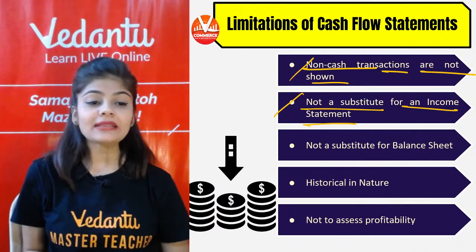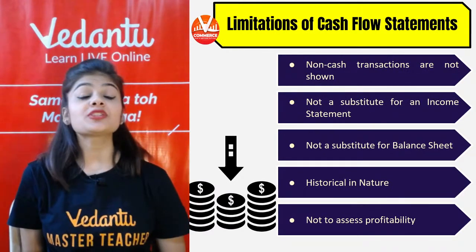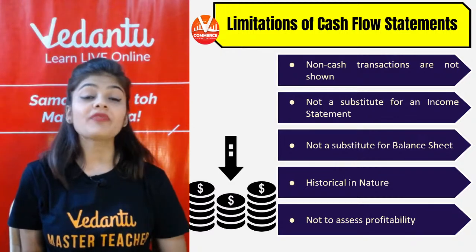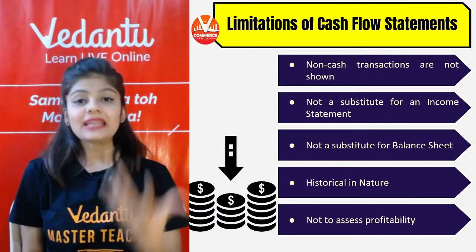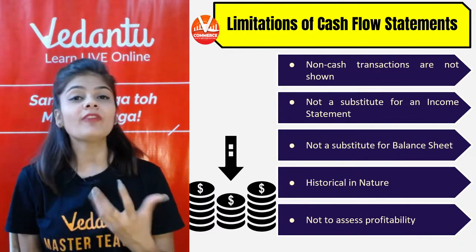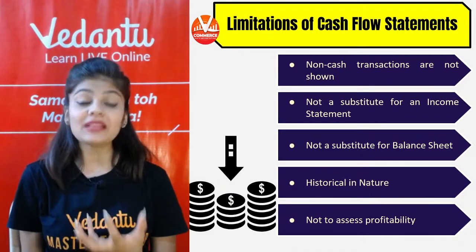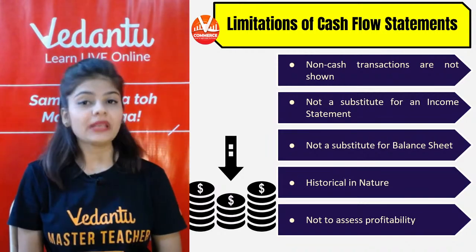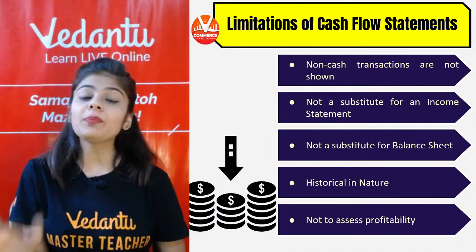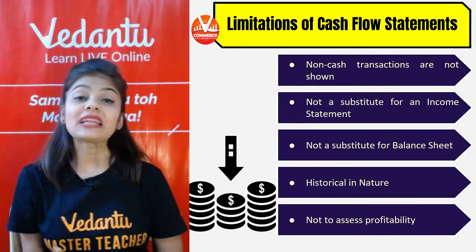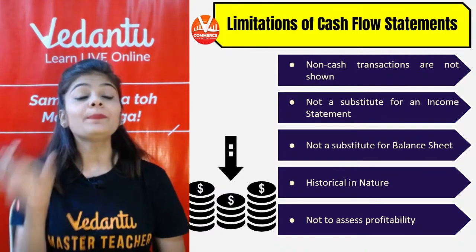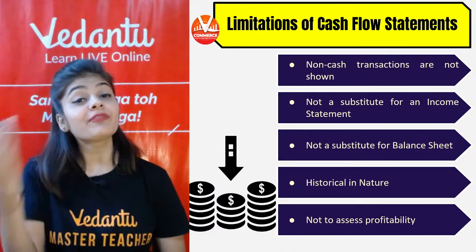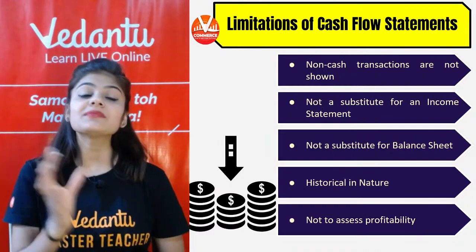Priyanka, the second point is, it is not a substitute of income statement. Income statement means statement of P&L. It is not a substitute of income statement means it cannot be prepared in place of income statement. It cannot perform the functions that are performed by the income statement.